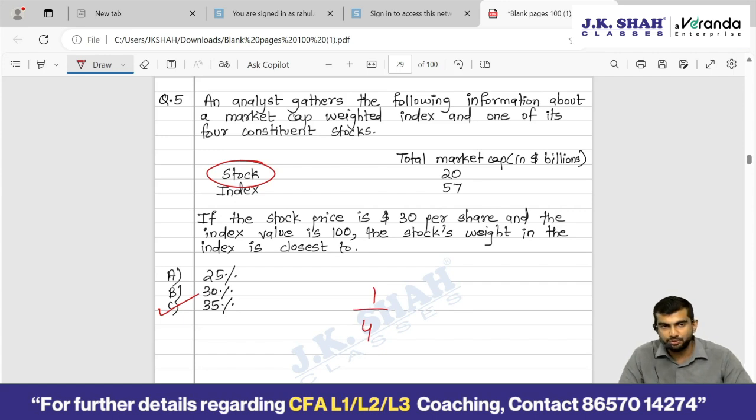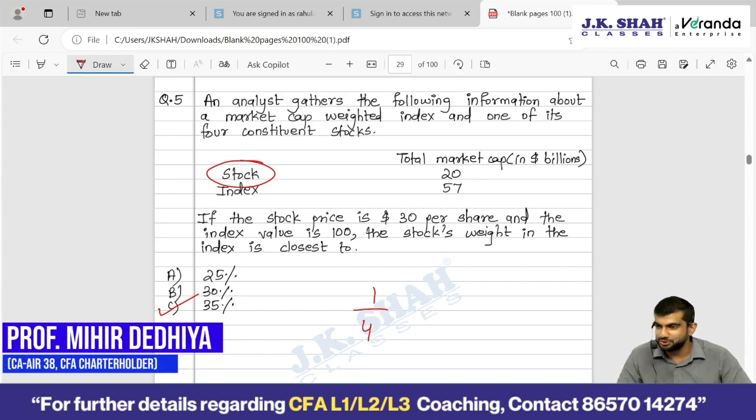If I had told you that this index is a price weighted index, then what would have been the weightage of this stock? 30%. That stock's price divided by total index value, 30 by 100, 30 percent. All options are given to you, so you should know which one to use when. Okay? Fine. Any doubts in this? Sure?